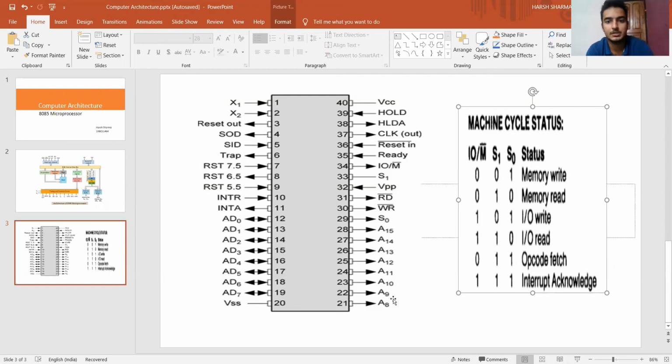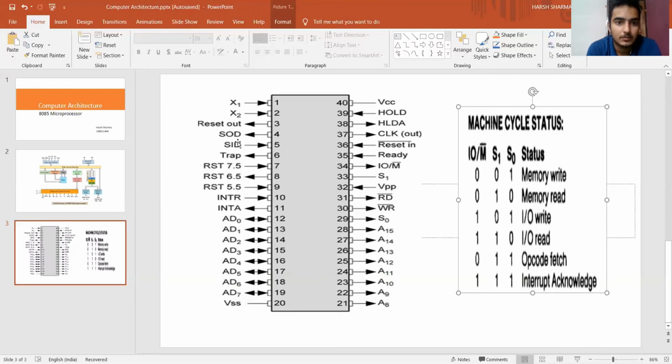So there are a total of 16 address buses, because the length of the address bus is 16. 8 are multiplexed with the data bus. This is a common question for the 8085 microprocessor: how many address buses are multiplexed with the data bus? The answer is 8.